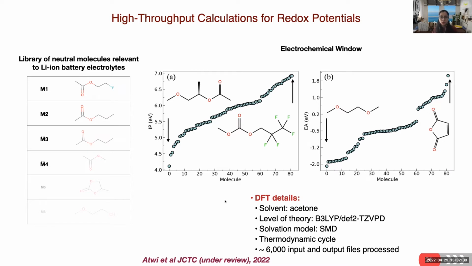Most of the work in the literature has focused on using HOMO and LUMO energy levels, but we found that that leads to over-prediction of redox potential. So we used a complete thermodynamic cycle for these calculations. Overall, we dealt with more than 6,000 files using a single script that significantly reduced the time needed to do these calculations.